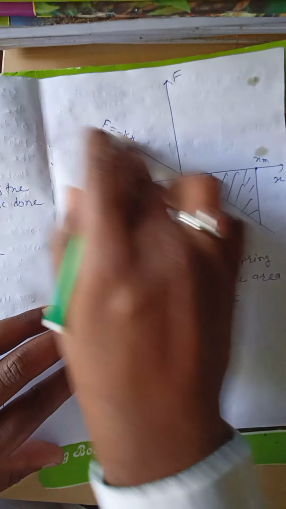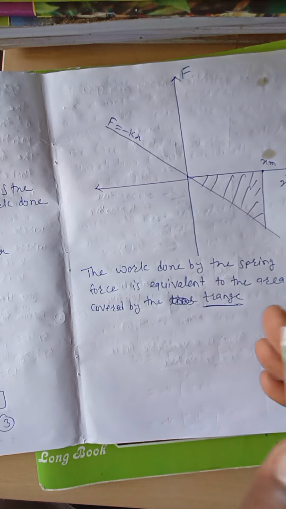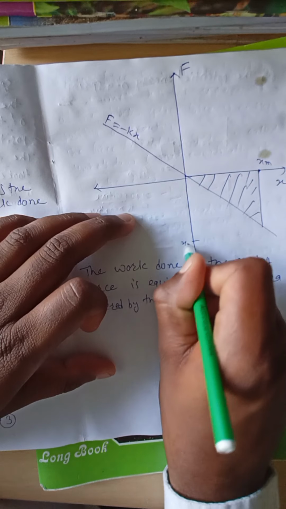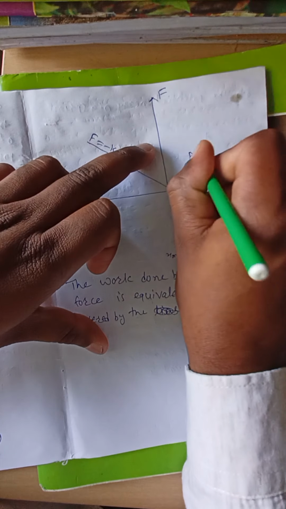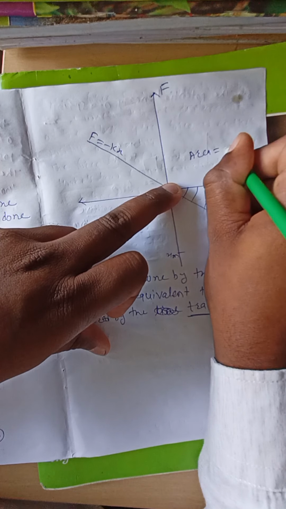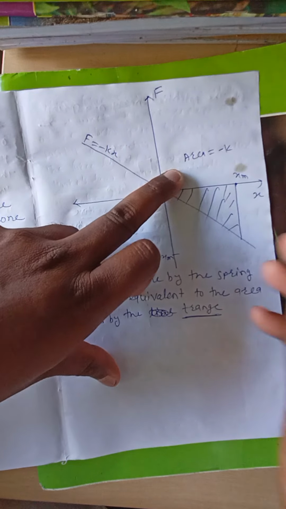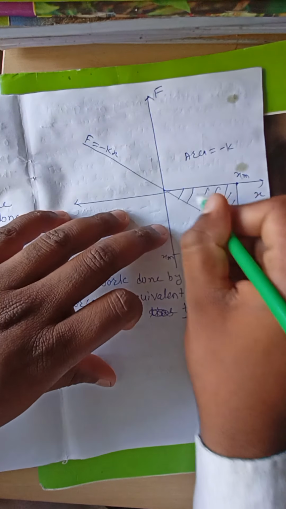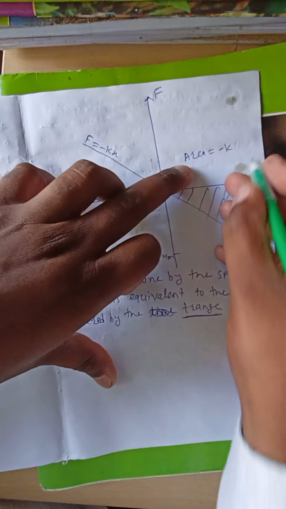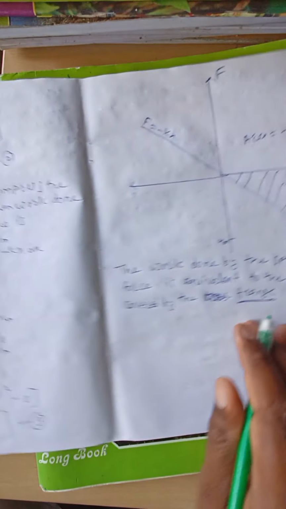Due to that line, whatever area is covered, therefore the work done is equal to that area. Here is xm, here is also xm, therefore area is minus k, a constant, into xm into xm. Area of a triangle is half, base is xm and height is also xm, so half xm square.